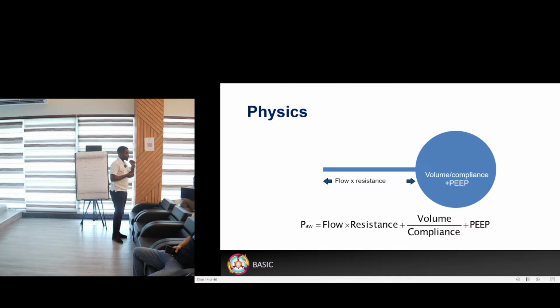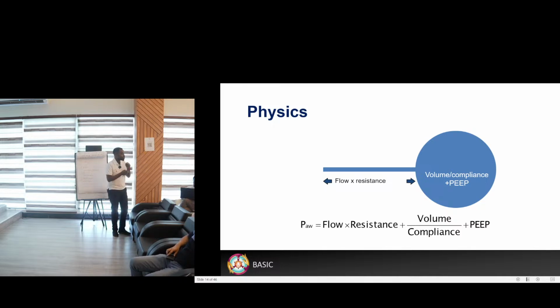Is it the resistive component or the elastic component? The total pressure that I require to deliver a tidal volume is equal to the pressure on the resistive component plus the pressure on the elastic component.